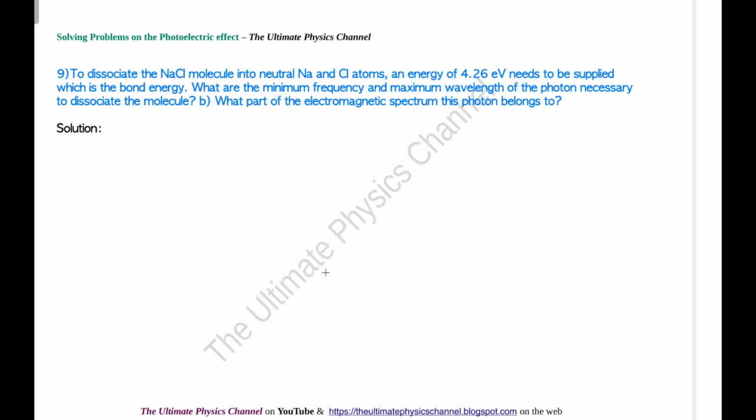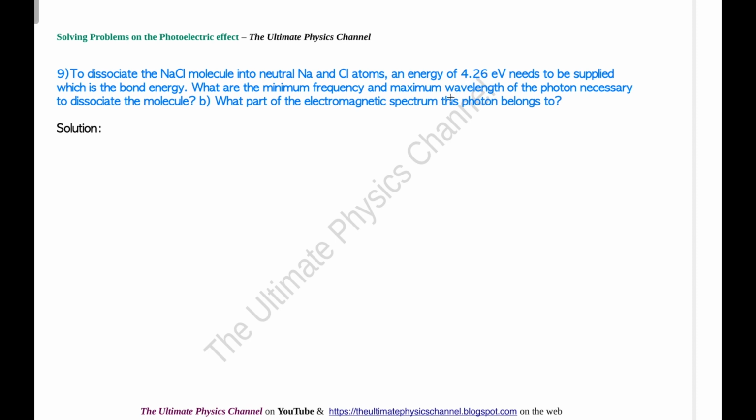To dissociate the sodium chloride molecule into neutral sodium and chlorine atoms, an energy of 4.26 eV needs to be supplied, which is the bond energy. What are the minimum frequency and maximum wavelength of the photon necessary to dissociate the molecule? So you have the sodium chloride molecule, its bond energy is 4.26 eV.